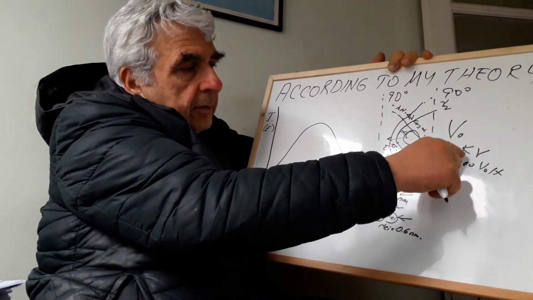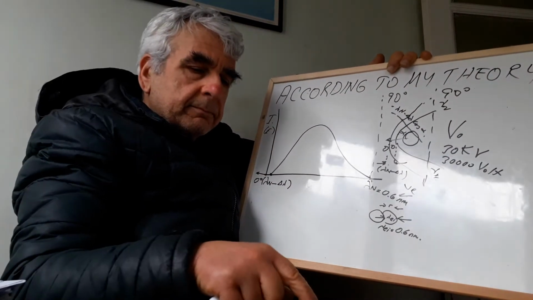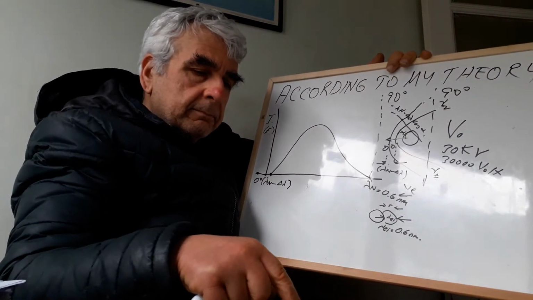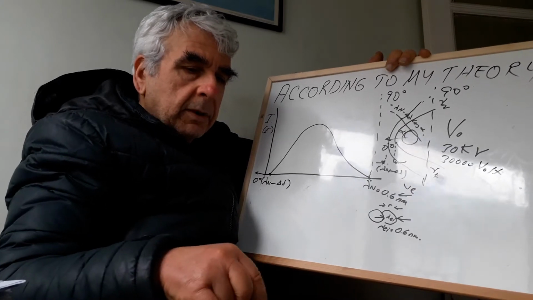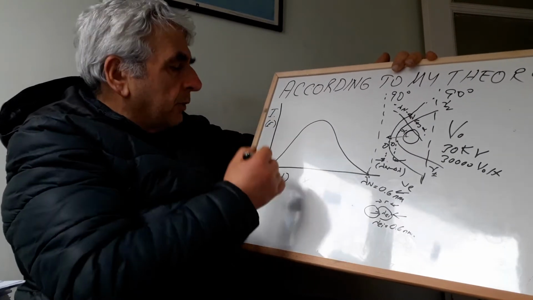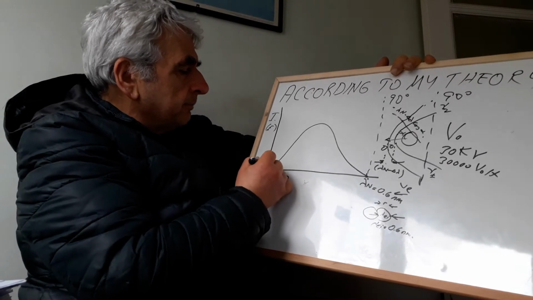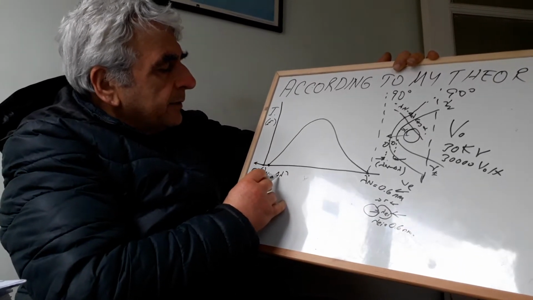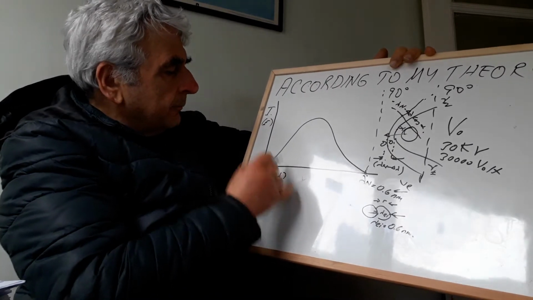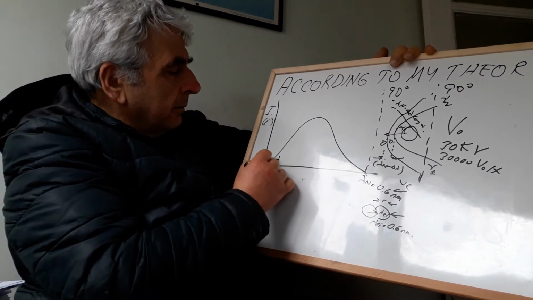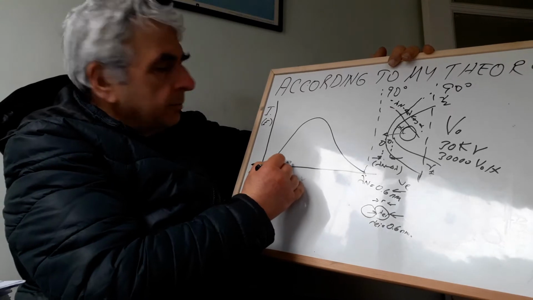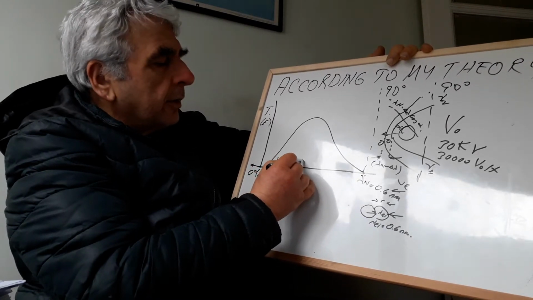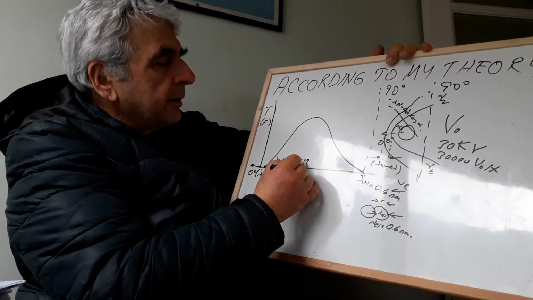At 30 kV, we know that lambda n minus delta lambda, lambda min, equals 0.0409 nanometer.